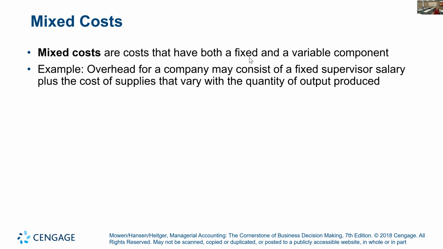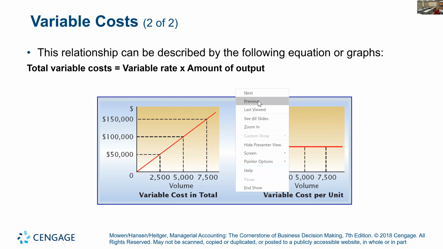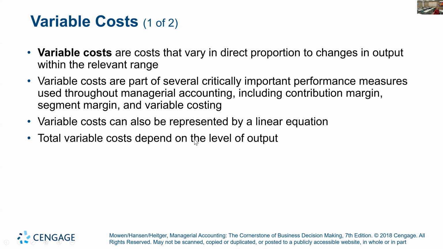I thought I had a slide for it, but I don't. But on a per unit level, you remember how our fixed cost on a per unit level, they changed. Variable cost on a per unit level will always be the same. Think of our major variable costs, our direct materials, direct labor.